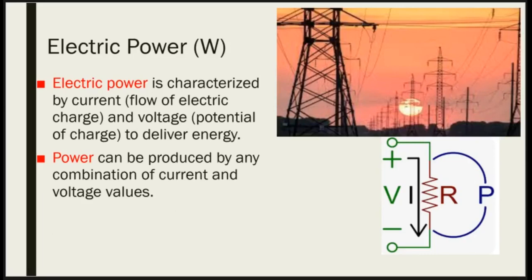So electric power, all of these high voltage lines or high potential lines, is characterized by current flow and voltage to deliver energy in the form of power. Energy is always delivered as joules per second, okay? Power can be produced at any combination of current and voltage values. All of these insane circuits are just trying to understand VIRP at the end of the day.